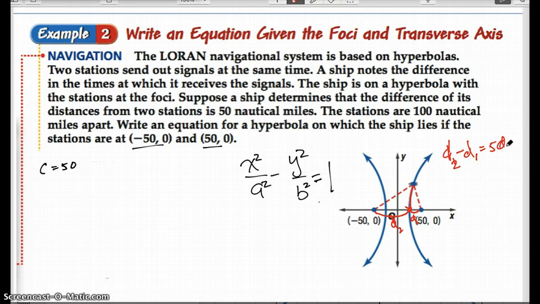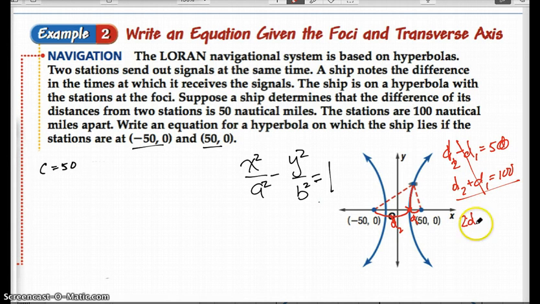But more importantly, D2 plus D1 is equal to 100. Why? Because the sum of the two distances has to equal the total distance between the two stations, because I'm on the same axis as both of the stations. So now this is just a system of linear equations. I'm going to add these two together. D1 goes away.